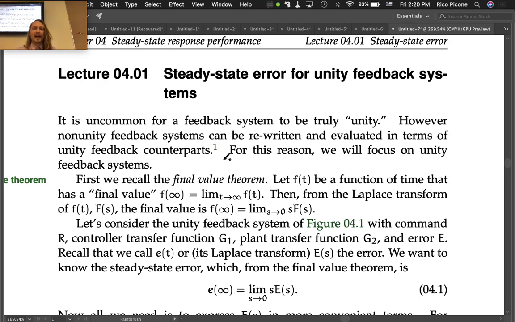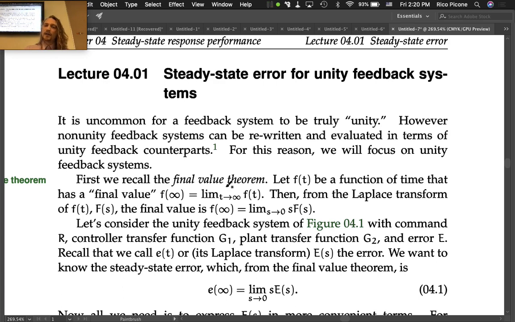But yeah. Let f(t) be a function of time. I'm just stating the final value theorem. Let f(t) be a function of time that has a final value, f(∞), which is just the limit as time goes to infinity of f(t). Okay, that's the final value.